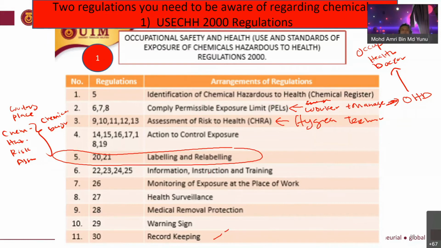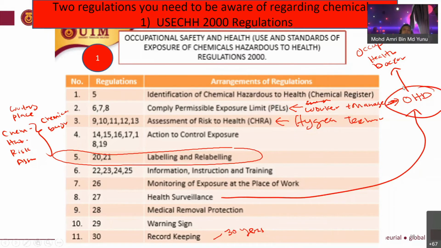There are other regulations like record keeping, if I'm not mistaken, 30 years, for any records we have to keep. And there are regulations on medical surveillance, the OSHD that I mentioned, the occupational health doctor who does the medical surveillance.